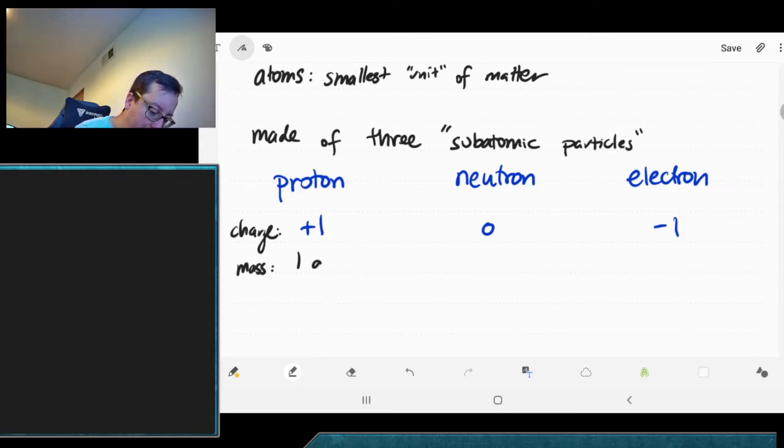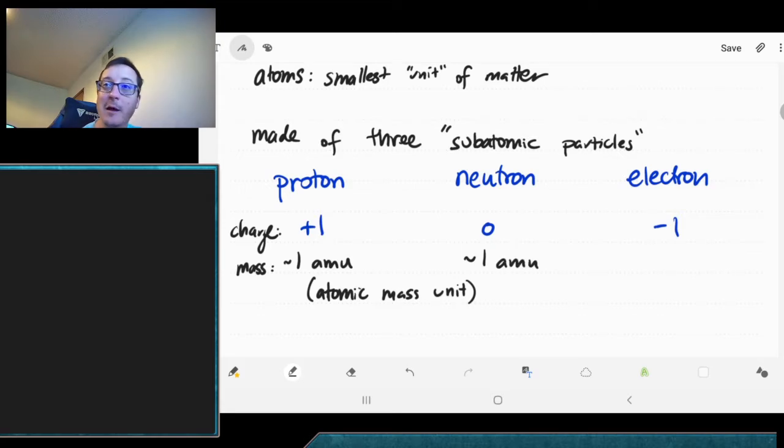A proton has a mass of about 1 atomic unit, AMU, atomic mass unit. A neutron also has a mass of about 1 atomic unit. So protons and neutrons have the same mass. Almost. They're very, very slightly different.